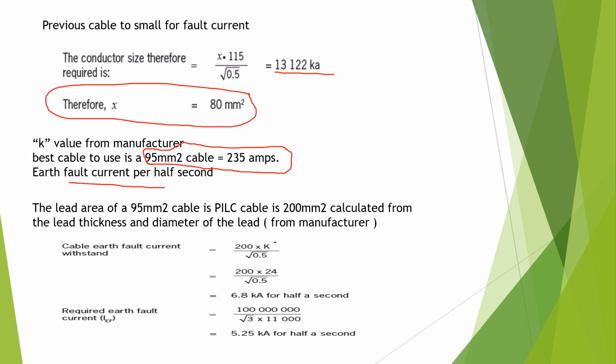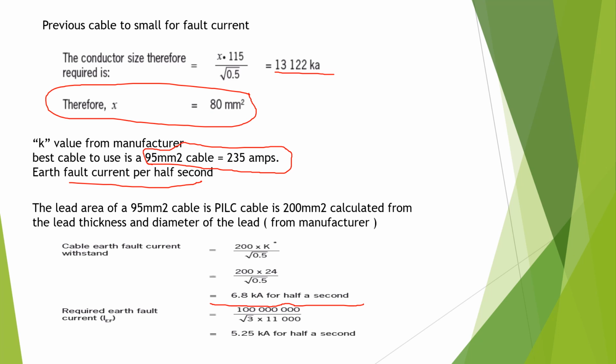Now let's see the earth fault for half a second. They say that the diameter is 200 millimeters, so we can use 200. The K value from the manufacturer is 24, and then divided by square root 0.5. So that gives us 6.8 kiloamps for half a second.